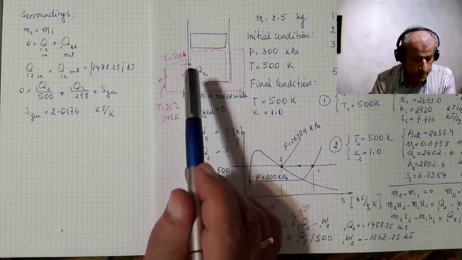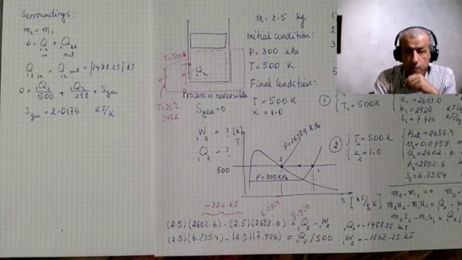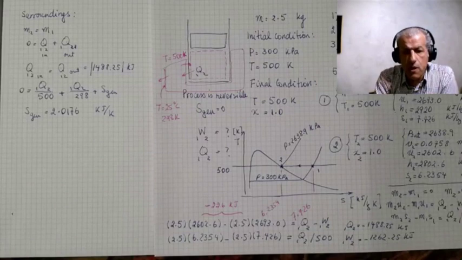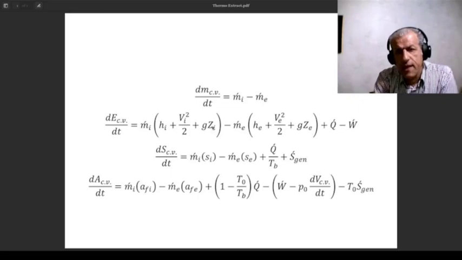Okay, now look, we return to the piston cylinder case, and what I want to show you once again is this set of equations. And what does it tell us?